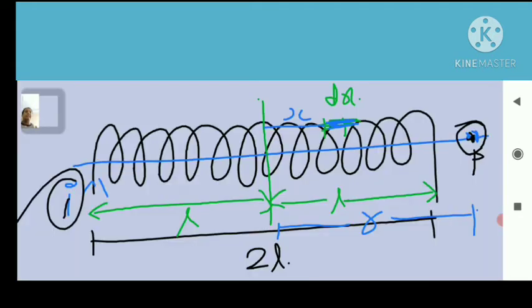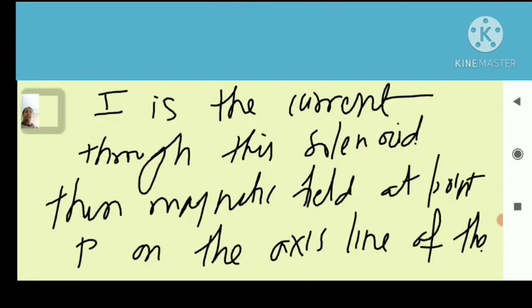We take a very small element here, and due to this small element we have to find the magnetic field at point P.